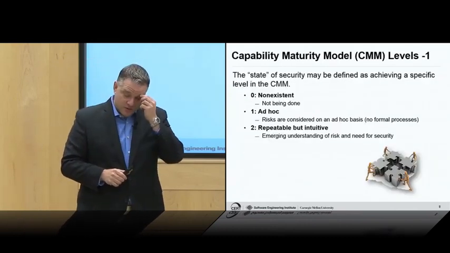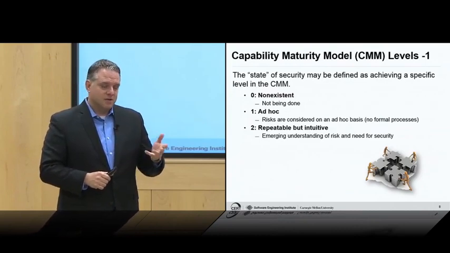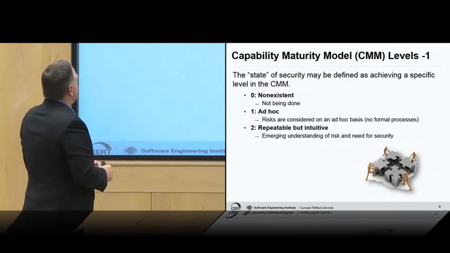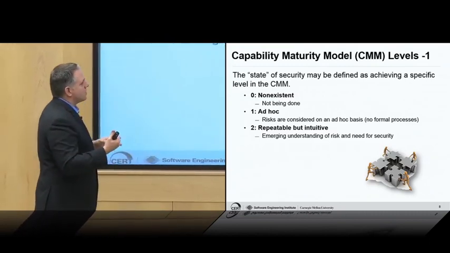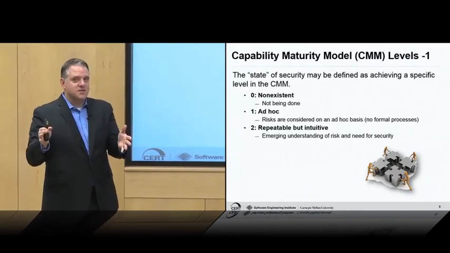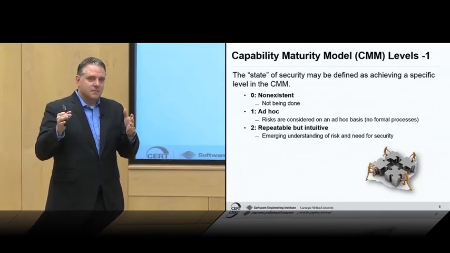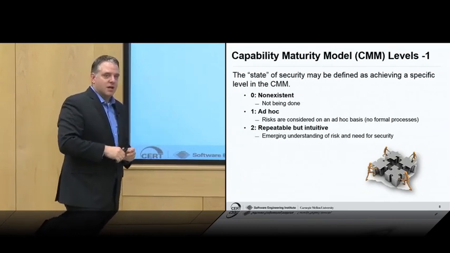So if you look at the actual CMM levels, there are 6 levels here, if you count 0. And so the state of your security process, or the state of your resiliency, or the state of actually whatever process you're trying to measure here, can be expressed in terms of these maturity model levels.